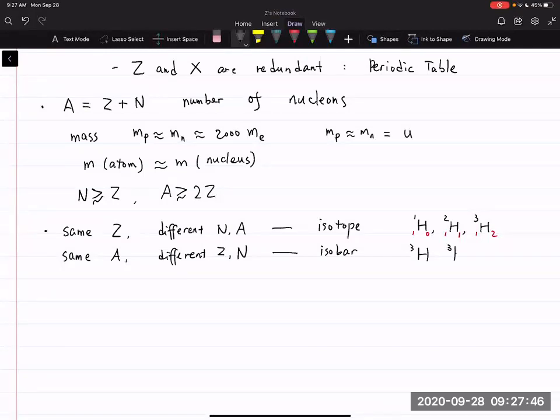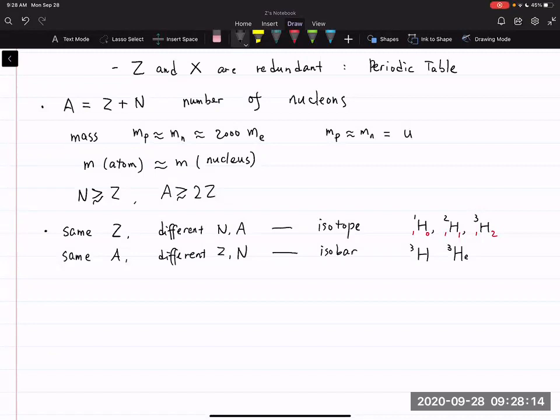So that is helium. So tritium and helium-3 are called isobars. This terminology is important in certain very important nuclear reactions, where we convert between neutrons and protons, either from neutron to proton or proton to neutron.